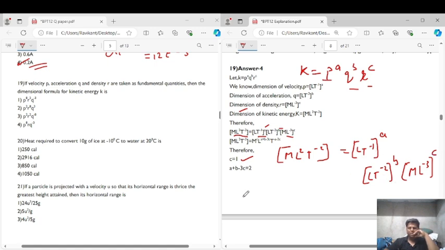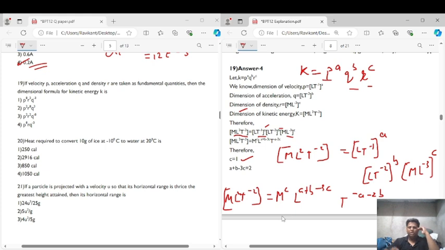From here we get M L square t minus 2 is equal to M raised to the power of c, L raised to the power of a plus b minus 3c, and t raised to the power of minus a minus 2b.